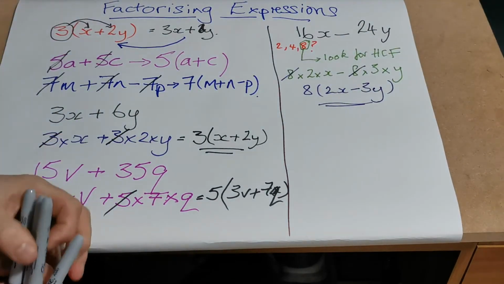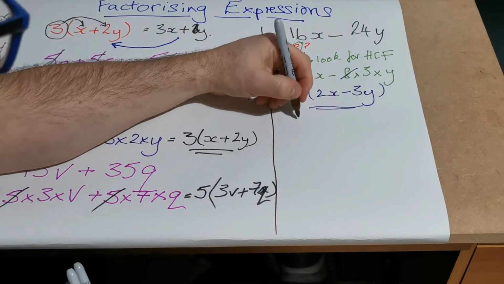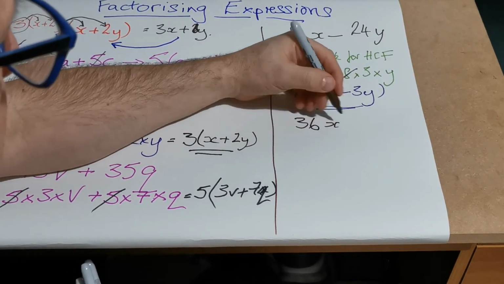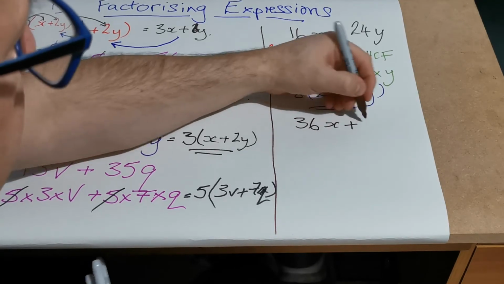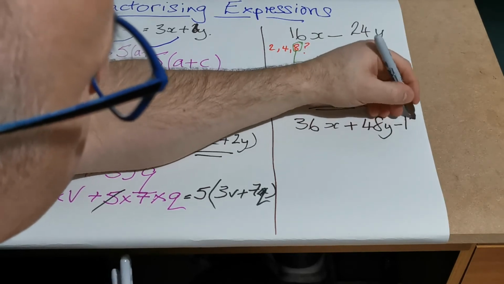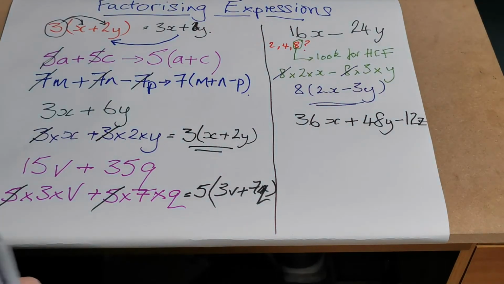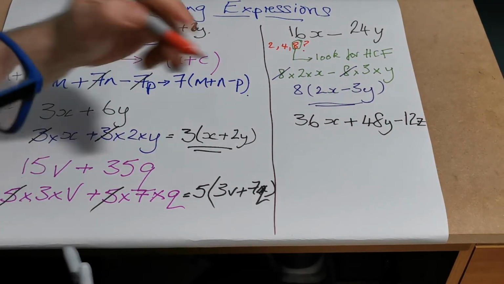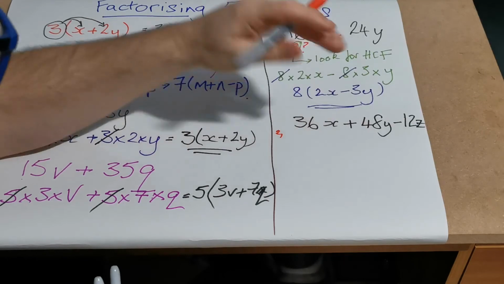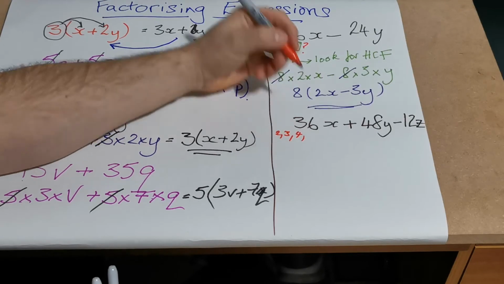And just one final one, so we know we've definitely got it. If I said 36x + 48y - 12z, you could look at that and say, right, what times tables are they all in? All even numbers, so they're all in the 2 times table. I think they're probably all in the 3 times table as well. All in the 4 times table.